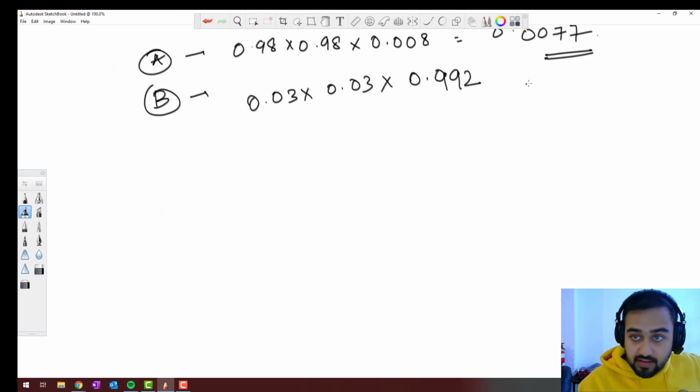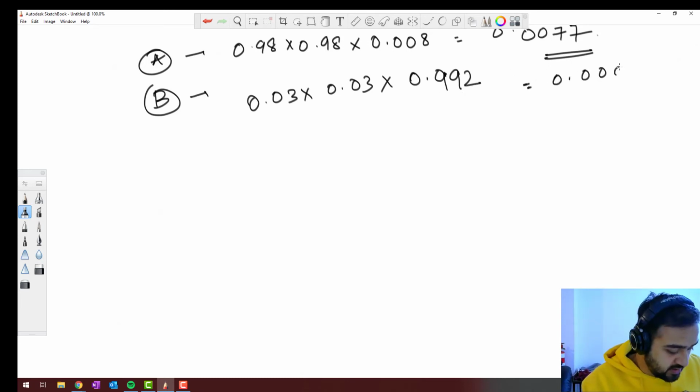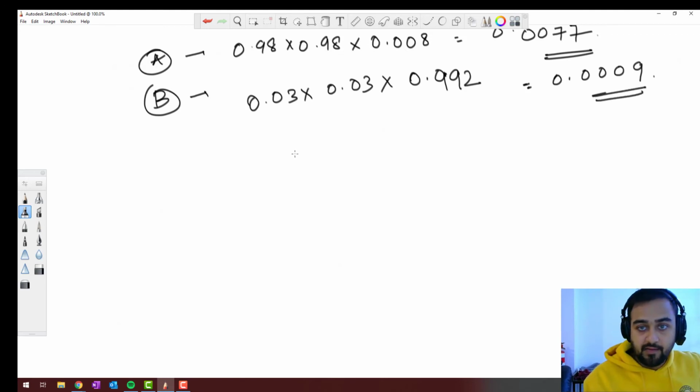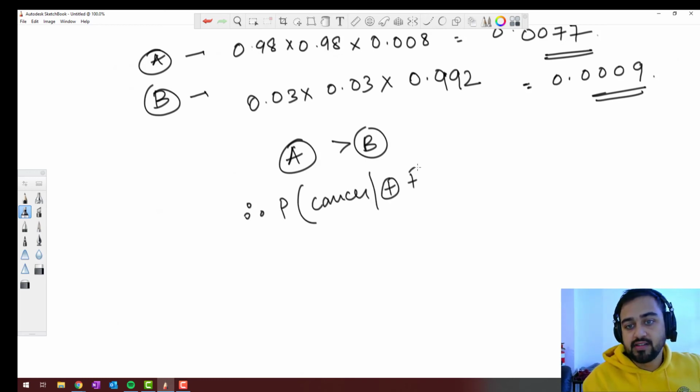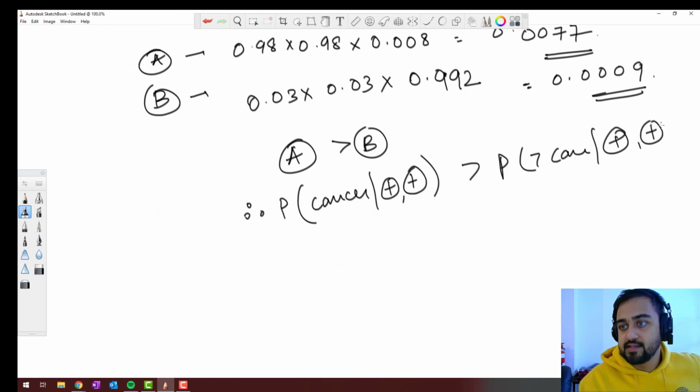This gives us 0.0009. We find that A is greater than B, therefore P of cancer given two positive tests is greater than P of not cancer given two positive tests. Therefore, the person has cancer.